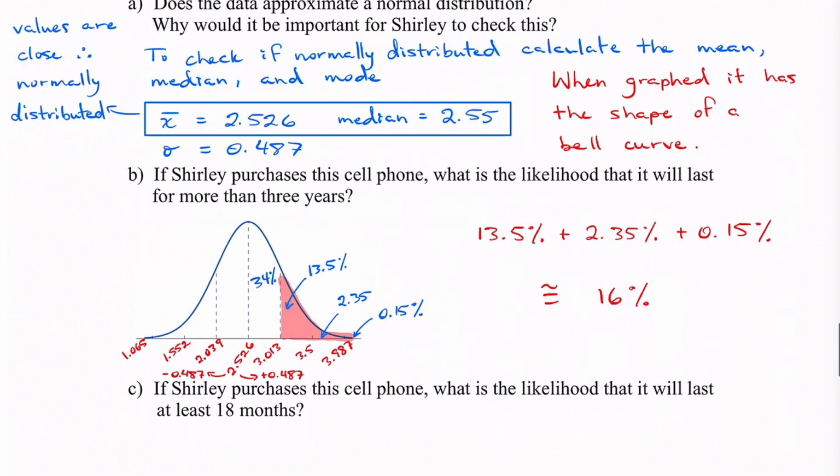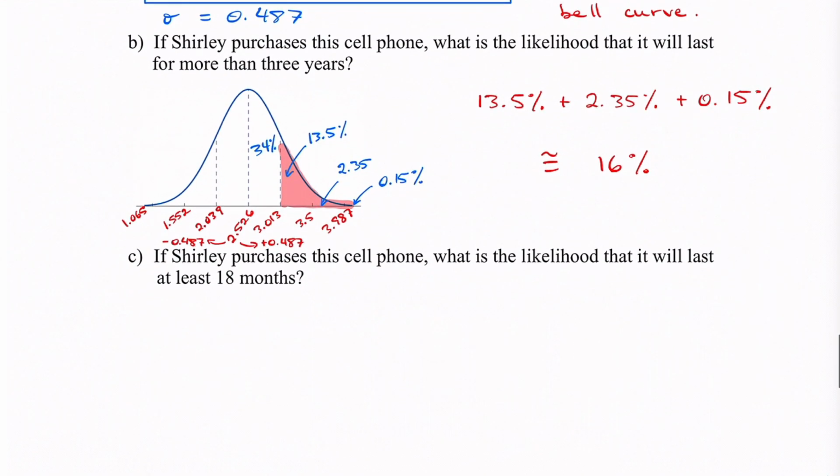So looking now at part C, this is our last one. It says, if Shirley purchases the cell phone, what is the likelihood that it will last at least 18 months? Now the problem with this is, all of our information was given in years. So I've got to change 18 months into years. I know that there are 12 months in a year, so I'm going to use that to convert this.